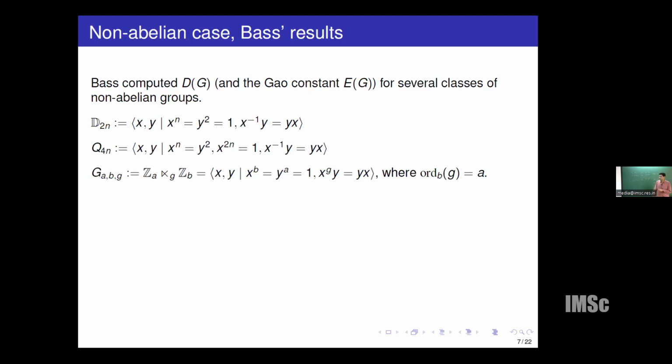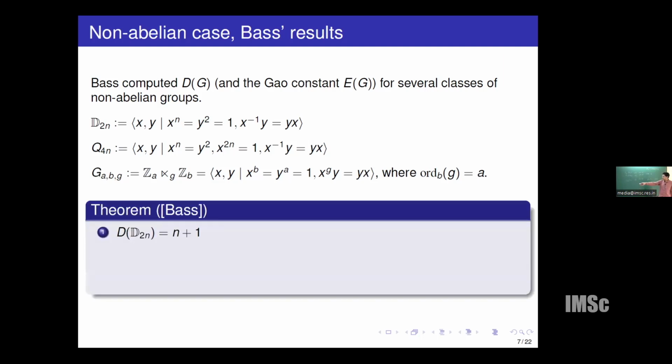And we will impose a further condition that the order of g modulo b is a. This ensures that the map of Za into the automorphism group of Zb is injective, because otherwise this will just break into a product of a cyclic and a metacyclic group, and I don't want that.